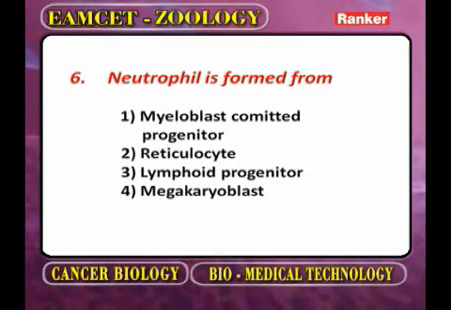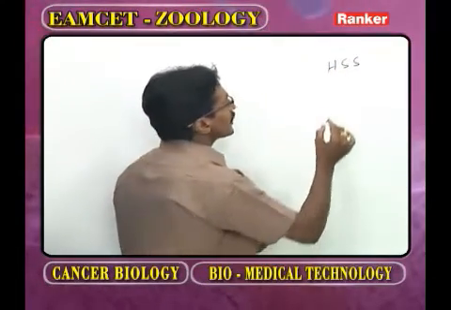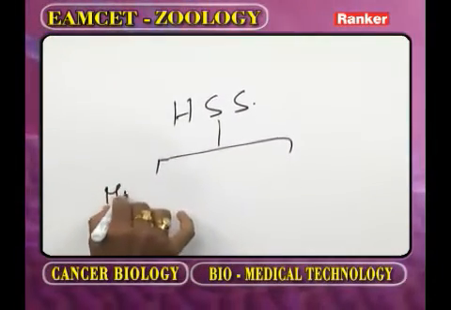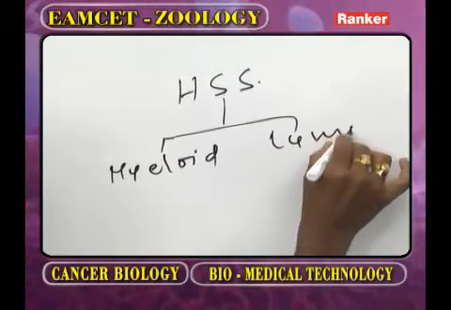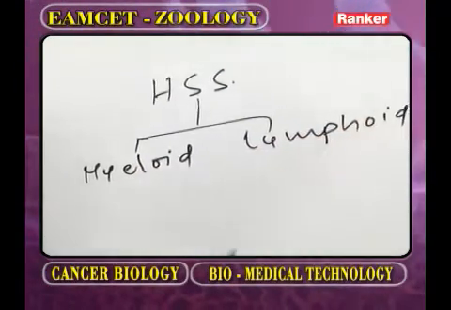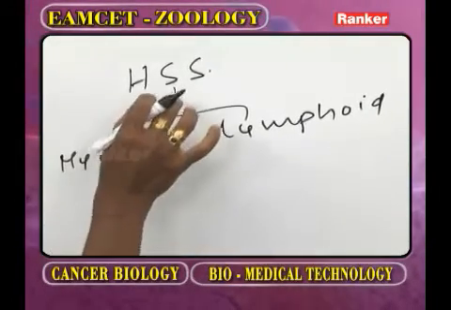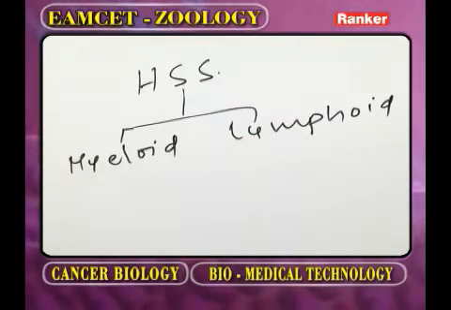Neutrophil is formed from. Now as we observe the stem cells, this is the hemopoietic stem cell. From the hemopoietic stem cell we are getting myeloid progenitor and lymphoid progenitor. It is going to give myeloid and lymphoid progenitors.